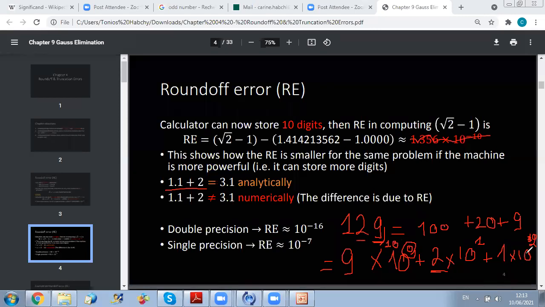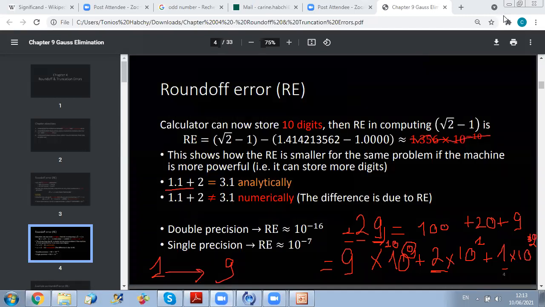And the coefficient of 10 to the power 2 will be the third number. And in a decimal system, I can have numbers going from 0 to 9. Now, I can use another representation for numbers. I can change the base. I can work in any base I want.